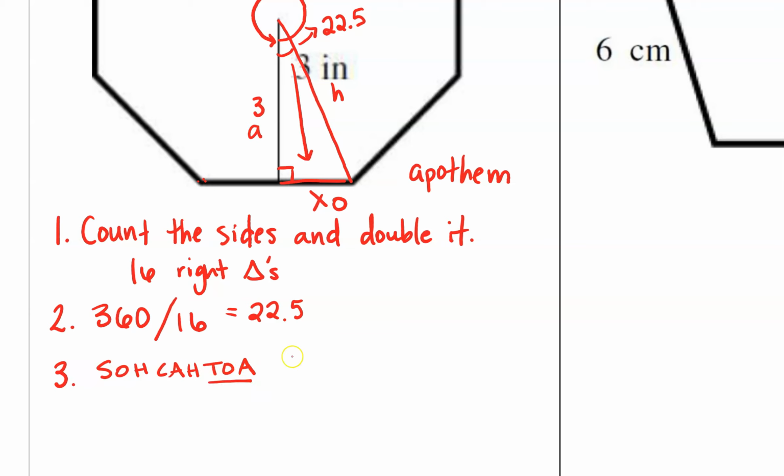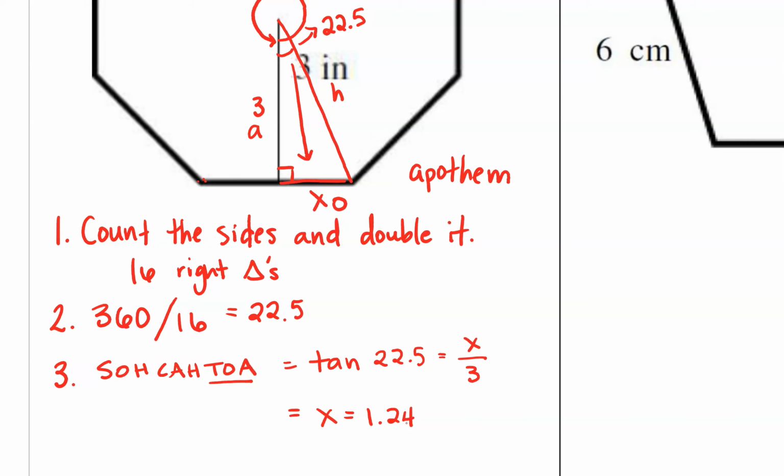Opposite and adjacent is tangent, so I'm going to say that the tangent of the degree measure equals opposite over adjacent. Then I'm going to do 22.5, hit the tangent key, times 3 equals, so x equals 1.24. I'll leave it with at least 2 decimal places for now, since we're not done calculating. You don't want to round too much before you start calculating.